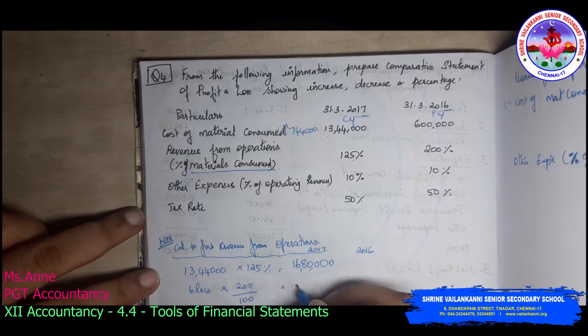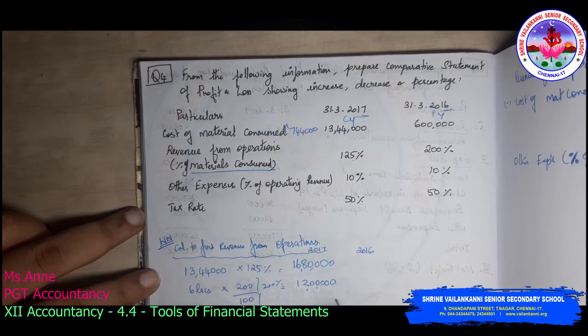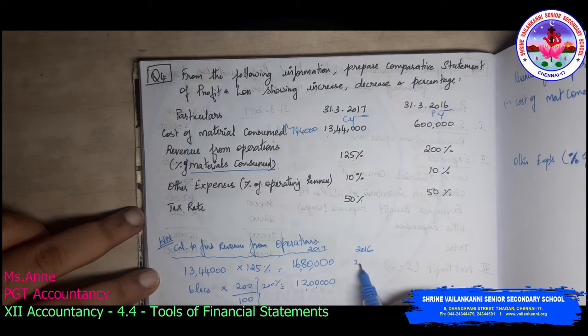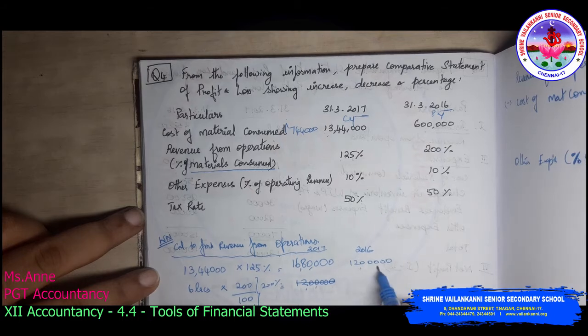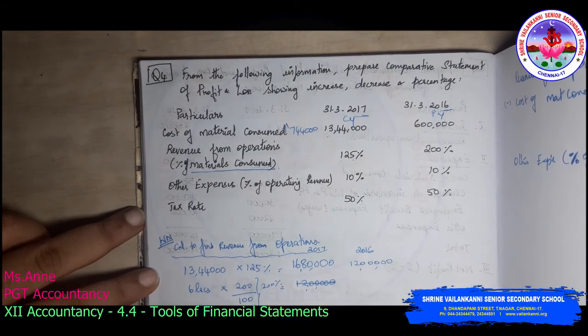This can be otherwise stated this way, 200%. So it is 12 lakhs. So this is for 2016. Okay, so I'm going to shift it here. So 2016 it is 12 lakhs. So we have come to a conclusion how we need to do it.